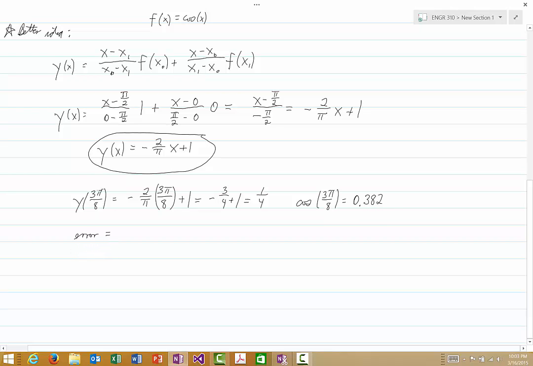So the error here is equal to one-fourth minus 0.382, or negative 0.132.